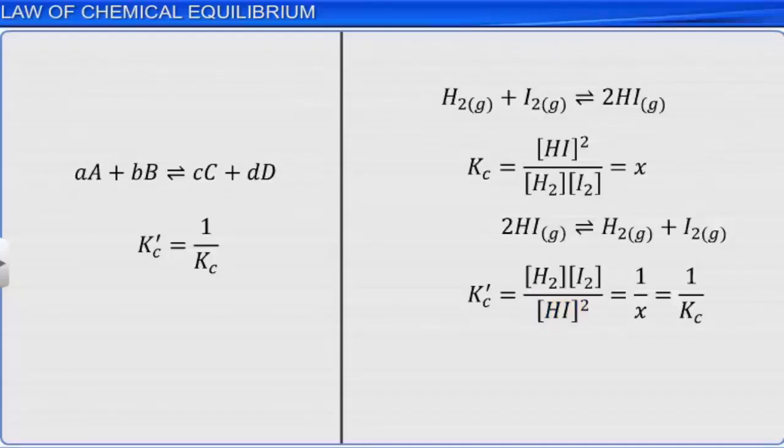Now, this is nothing but the reciprocal of x, which is equal to 1 by Kc. Thus, the equilibrium constant for the backward reaction is the reverse of the equilibrium constant for the forward reaction Kc.